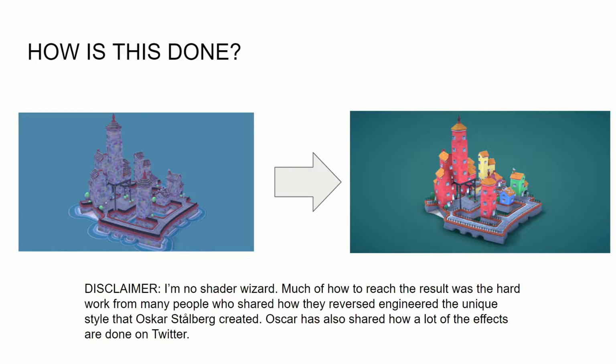I've just studied what they've done, reproduced that in Unity and added some of my own methods as well. The good part is that Oskar, who created this, has shared a lot of information on Twitter, so you can follow him there and read exactly what methods he used to create his very special style.